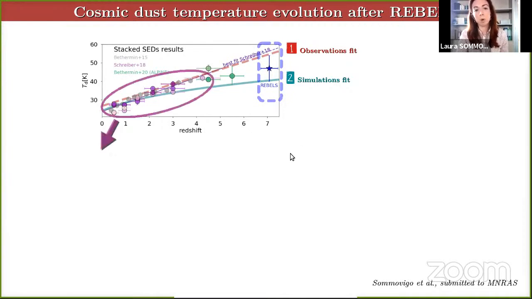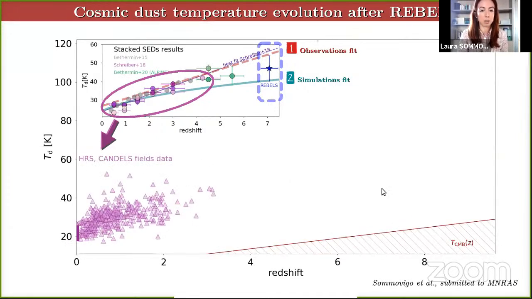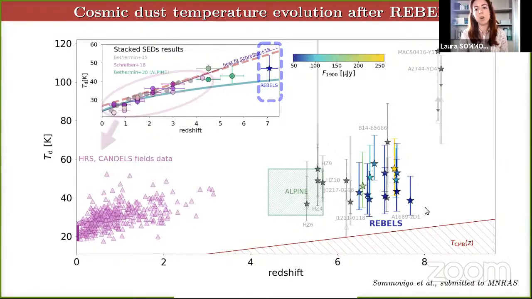But we can do something more. We can really look at the individual detections, having an unprecedented large number of data even at high redshift. So we go and unpack the low redshift stacked SEDs into the individual sources. And you can already see that the tight correlation is much less evident. And then we go and add all the individual galaxies on which we can apply our method for the dust temperature derivation.